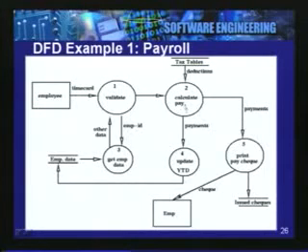The calculate pay may refer to tax tables, and it produces the payment output. The payment output is sent to 2 processes, one which goes to process 5, whose responsibility is to print the pay check. So, the check is printed and the details of payment are stored, as well as the physical check is handed over to the employee.